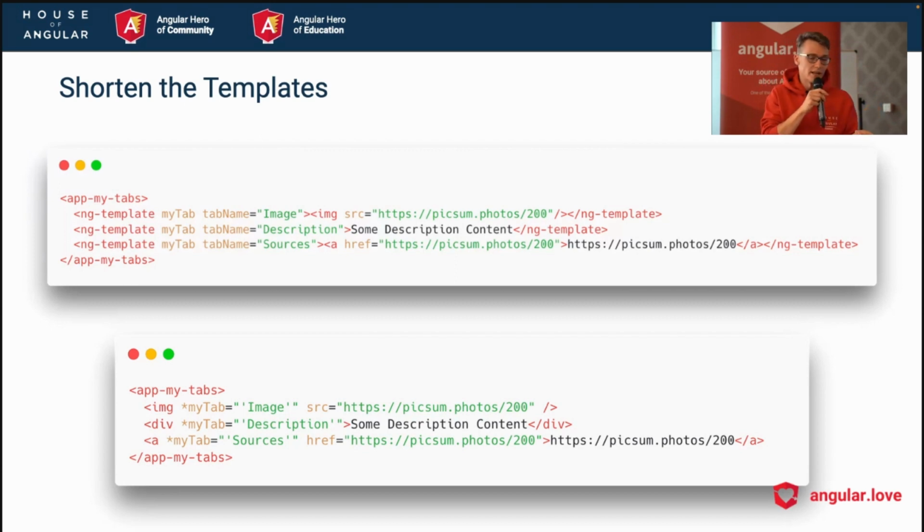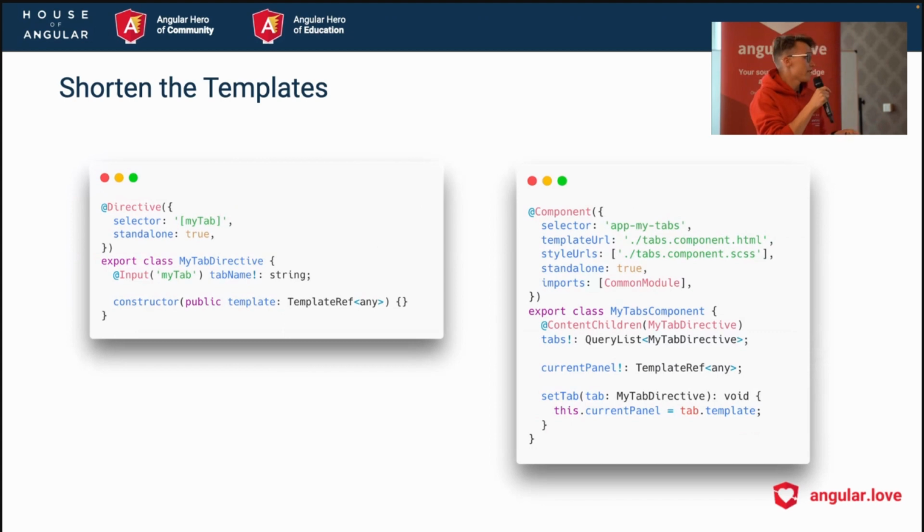So what other improvement do we have to make inside the component to get this to work? Firstly, inside our directive part, we have to add the constructor and get access to this template. And then in our component base, MyTabs component, we can get rid of the content children with these references to each ng template.